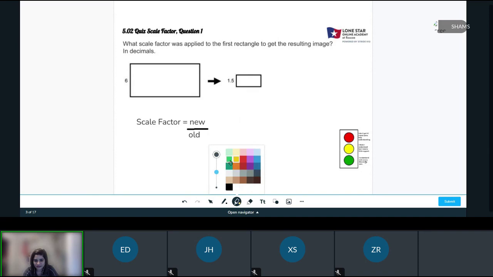The new shape is right over here and the side length is 1.5, so put 1.5 here. Go find the matching side in the old rectangle, and the matching side is over here, 6. The old side is going to be 6. And if you divide, you will get the scale factor.